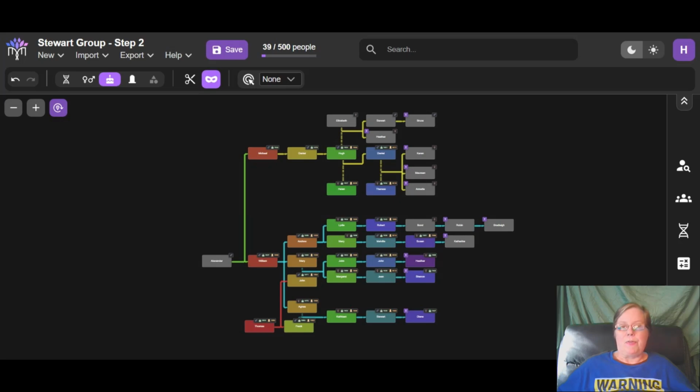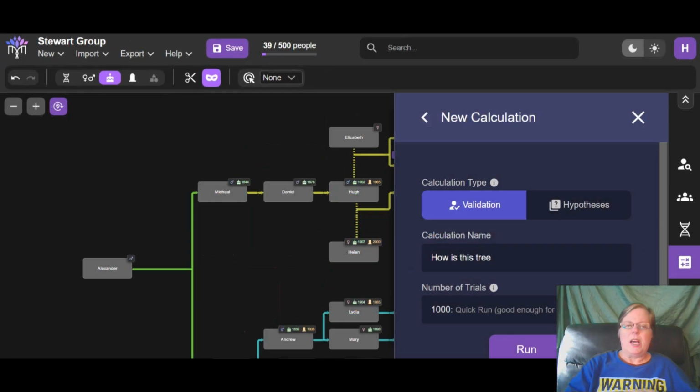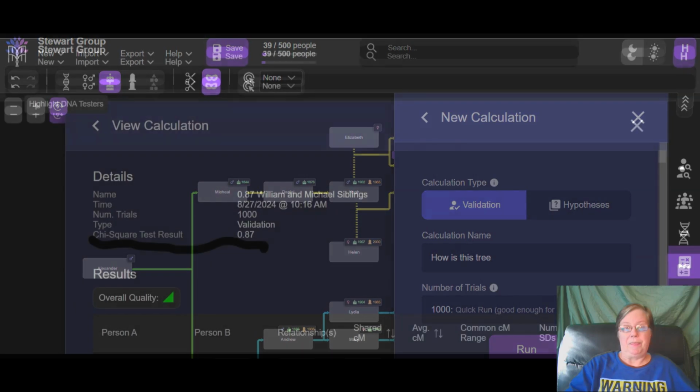I had figured there were 4 main scenarios to try. Michael Stewart and William Stewart as siblings, as uncle or nephew, as first cousins or half-siblings. I felt that there could be more options, but that the results of these scenarios would help me decide if I needed to try more.